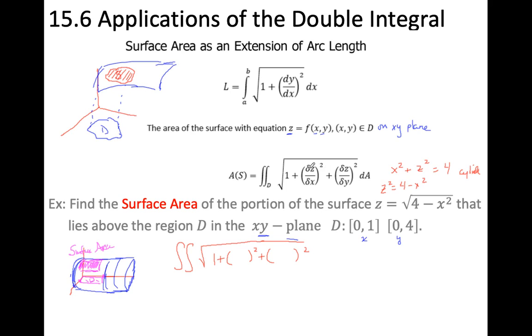I need partial z, partial x. So what do I have? Let me work over here. z is equal to (4 minus x squared) to the 1/2. So partial z, partial x.